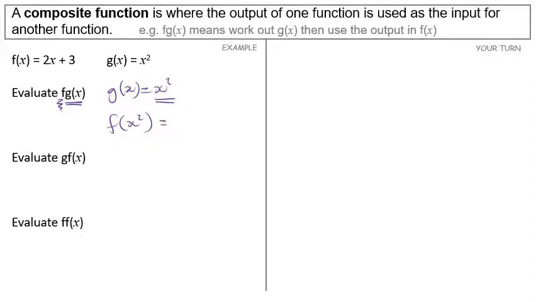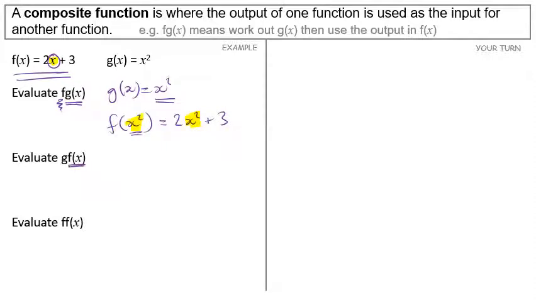So if we look at the function for f, where we've got the x, we're just going to replace that with x squared. So f of x squared will be 2 lots of x squared plus 3. All we've done here is we have replaced the x here with x squared because that's what we're using as our input.